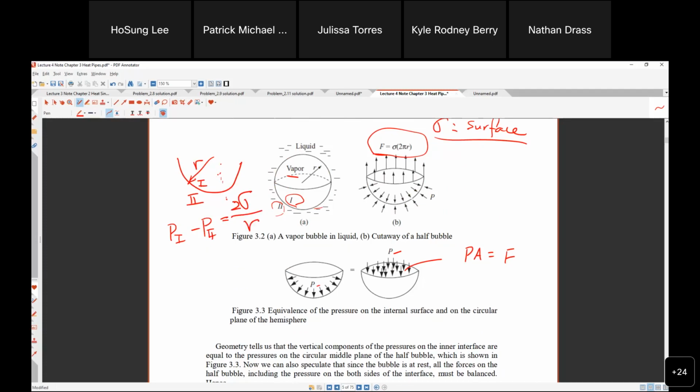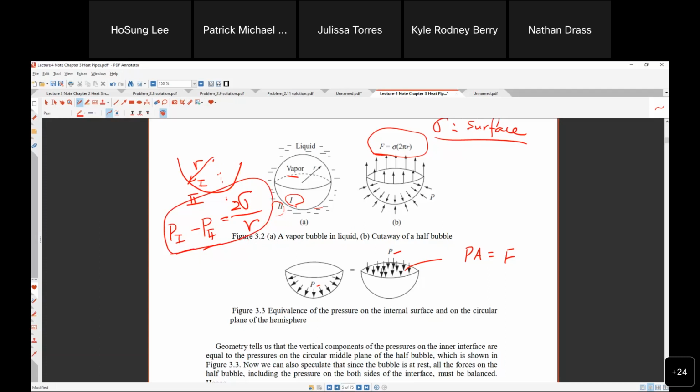So if r is small, the pressure difference is huge according to Young-Laplace. This is so important, and this is the most important equation in this phenomena.